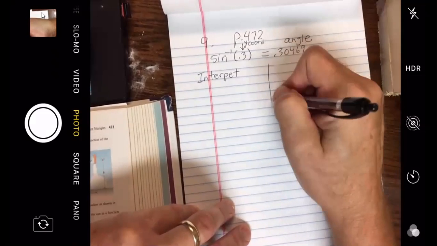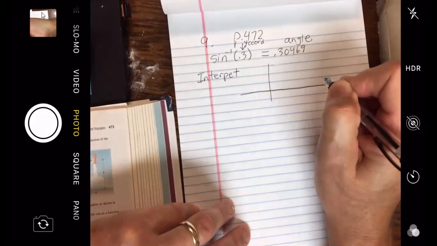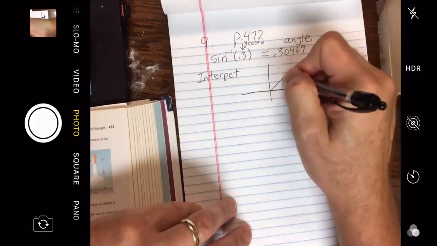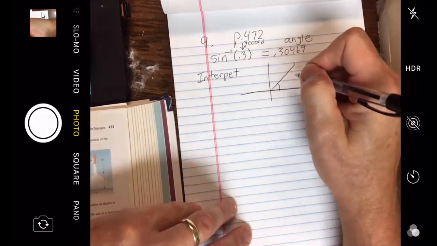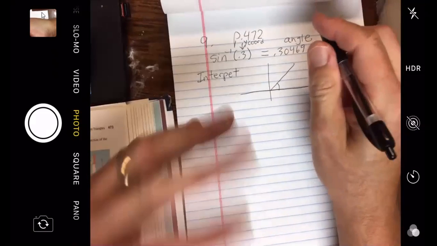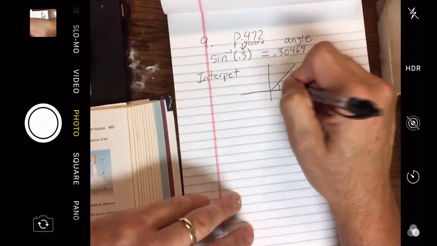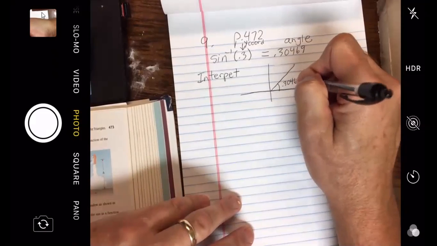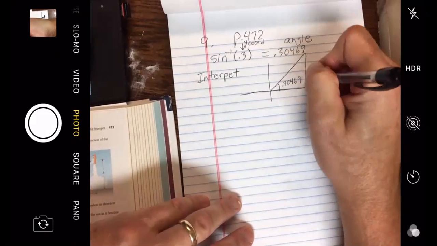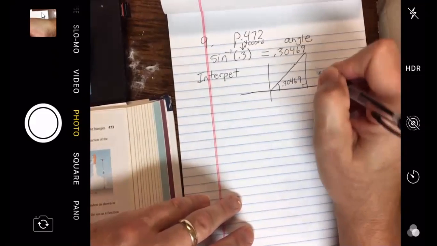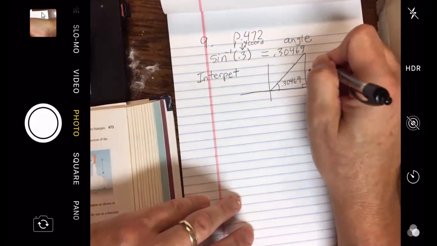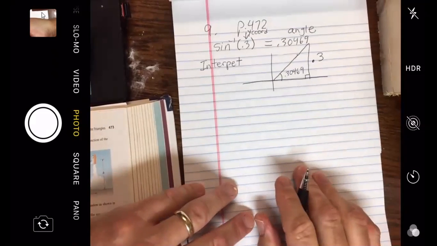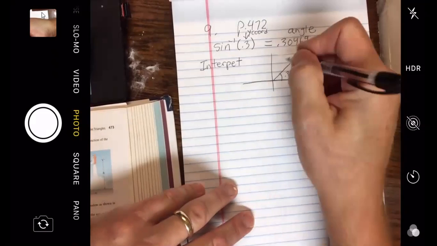So what this is saying is that an angle of 0.30469 radians, it said 5 places, but I don't really care about the 5 places. I mean, I'm not that picky. Your angle is 0.30469. You have a y coordinate of 0.3. Your hypotenuse is 1.